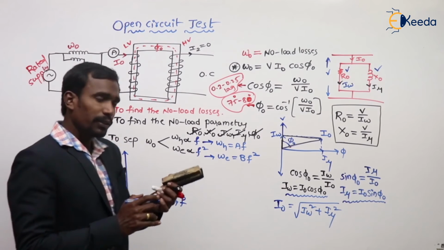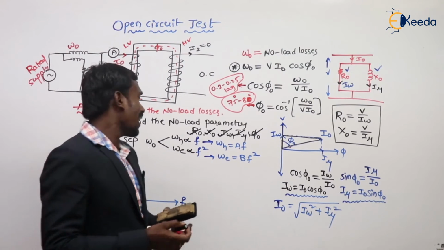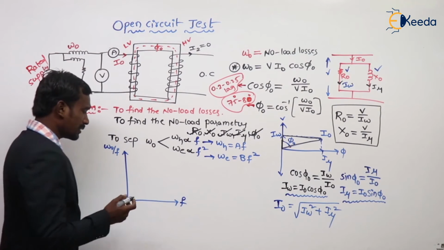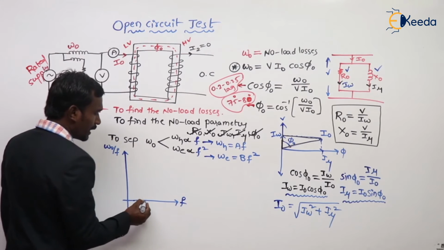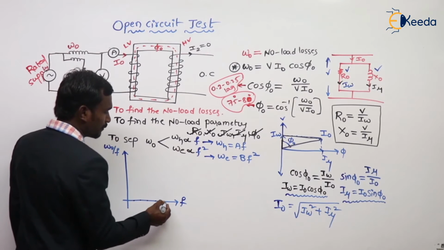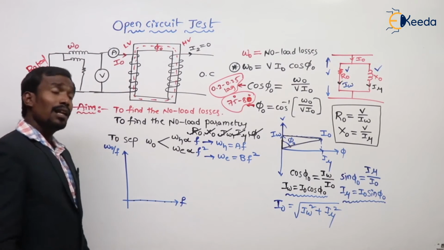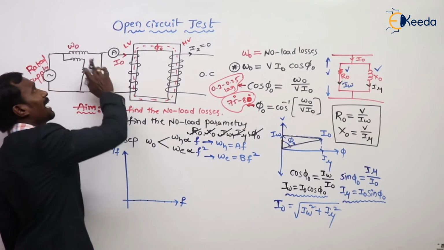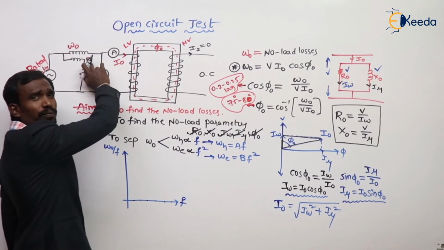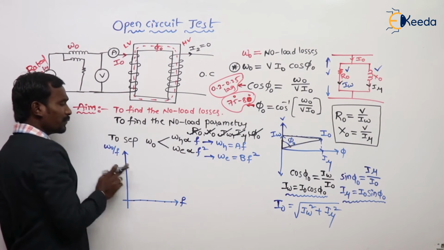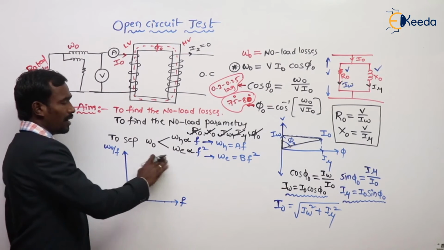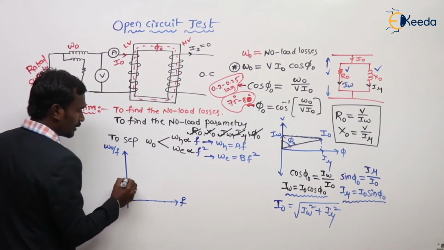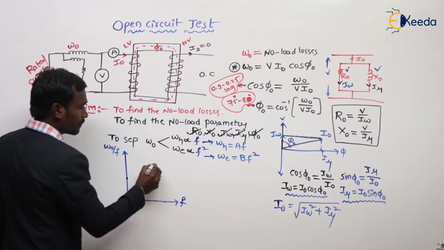For each and every frequency, at 10 hertz, 20 hertz, 30, 40, 50, 60 hertz, like that, calculate the W naught value and divide by frequency and take a graph. For example, the graph will come like this.